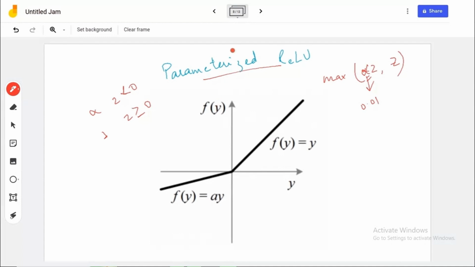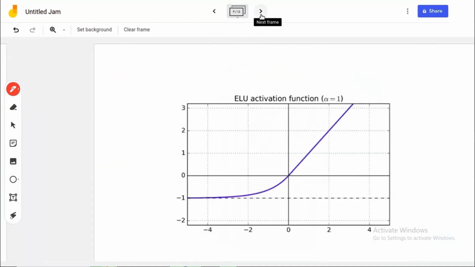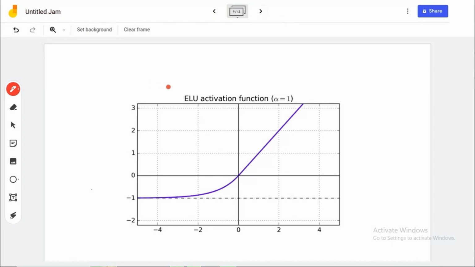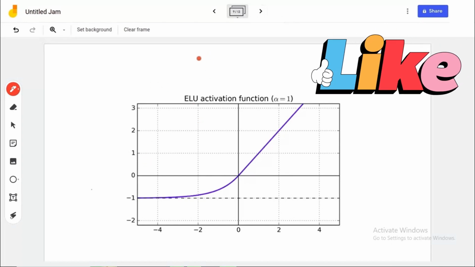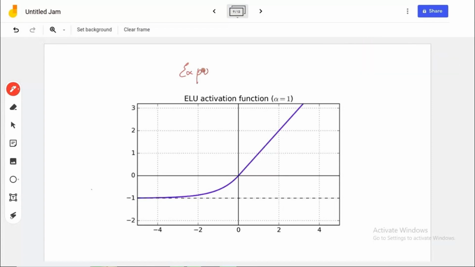The next thing that we come across is ELU. ELU is basically exponential ReLU. Here the function is alpha times (e to the power z minus 1) for z less than 0, and z for z greater than or equal to 0.